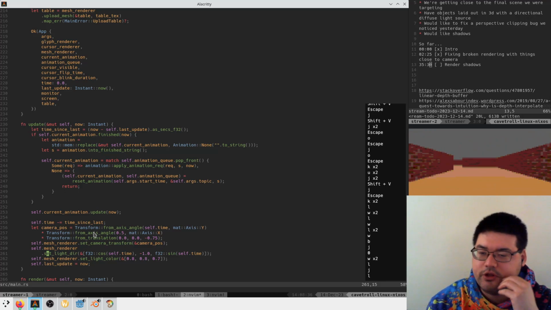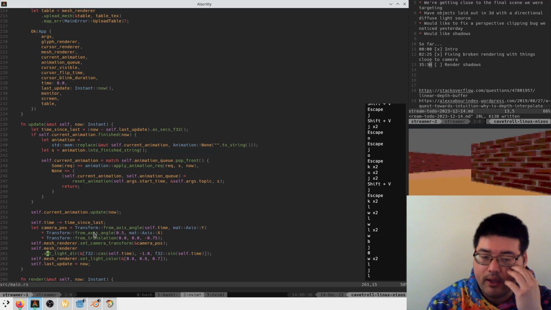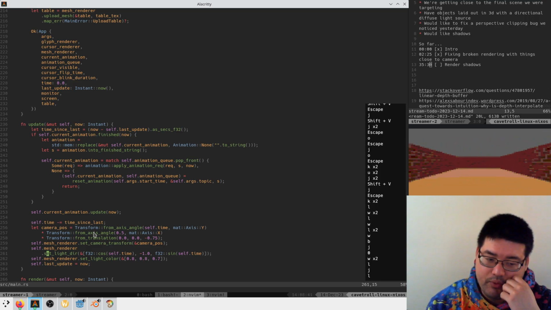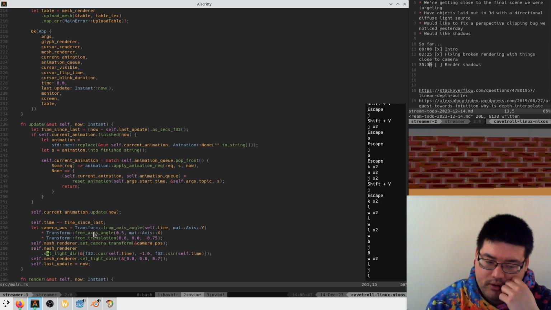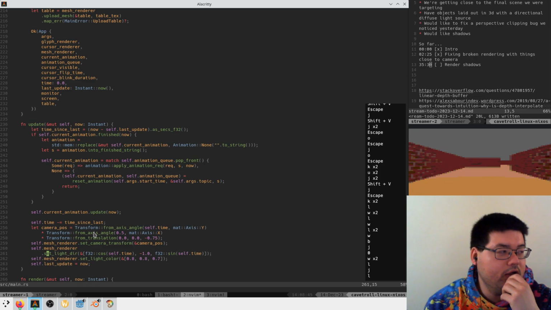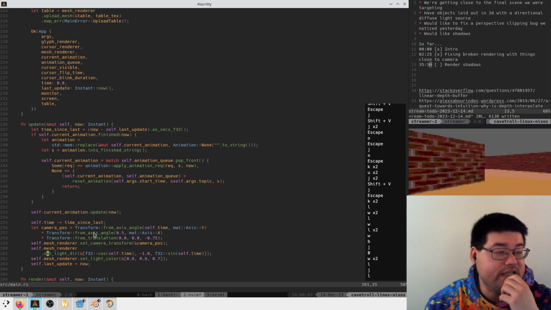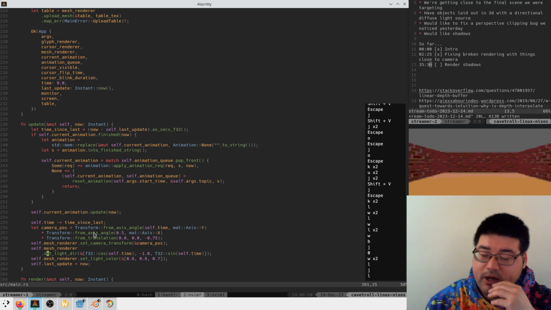We also have to make sure that the camera is really far away, so that we get the whole scene in, so we don't lose anything behind the camera.